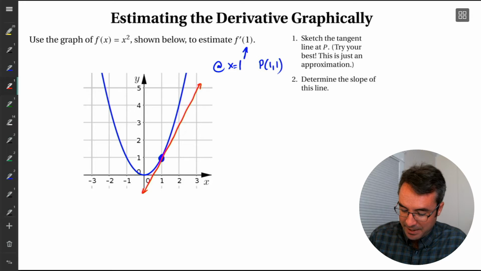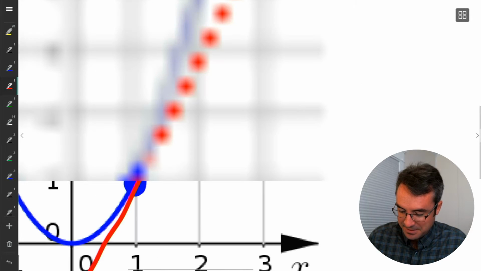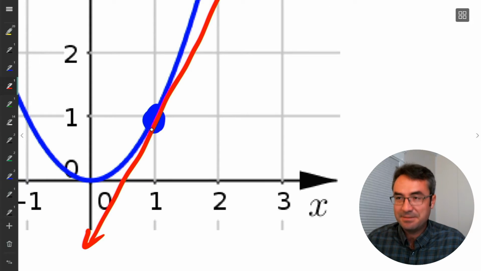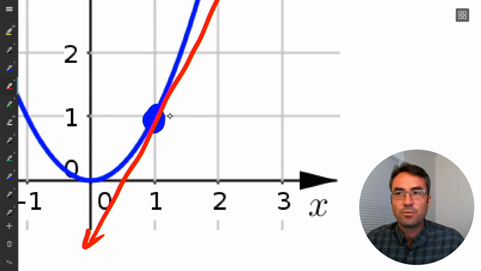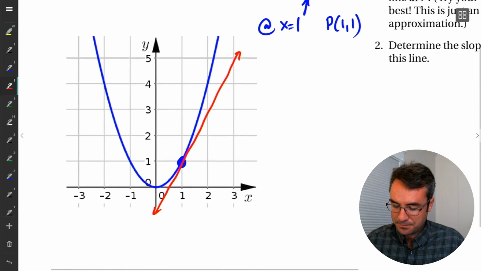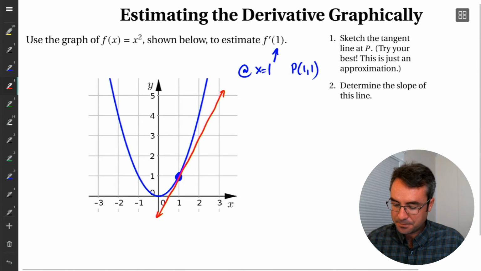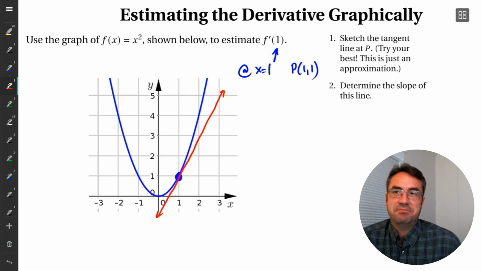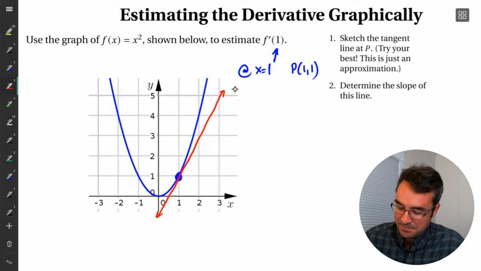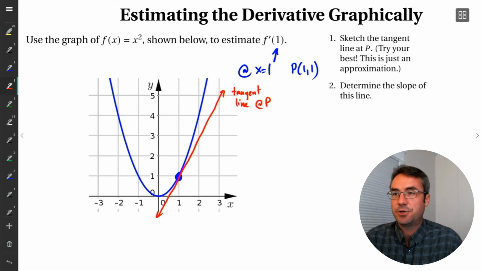If we zoom in on that, yeah, that's not too bad. I think I kind of captured what our function's doing there at that point. Okay, so that's a fine tangent line. So try your best.